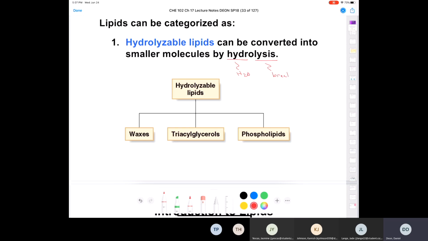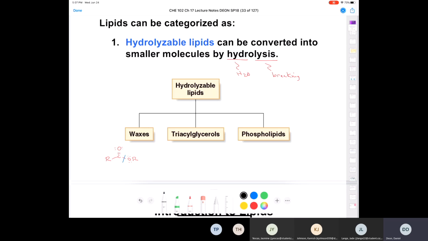So literally breaking molecules apart by the addition of water. And the types of molecules that we're going to see that can be broken up by hydrolysis are waxes. And waxes are nothing more than really just giant mammoth-sized esters. So we're going to see the ester group that can be hydrolyzed, of course.